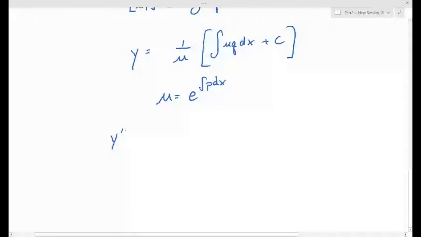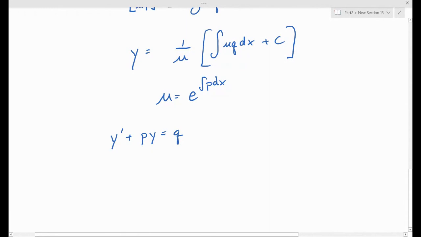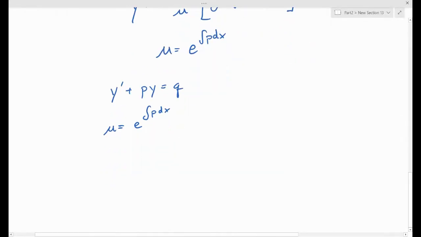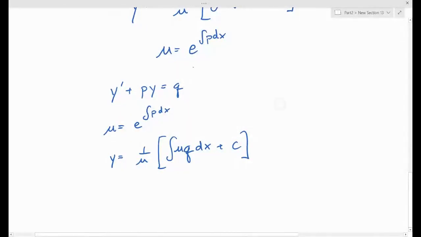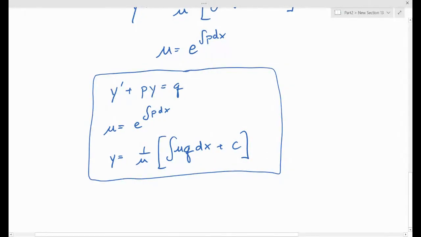If you write your first order differential equation in the standard form, where P and Q are functions of x, you recognize this as a first order linear differential equation, and then you know a formula for the integrating factor, and once you have it, you have a nice explicit solution for y. So in a sense, this is all you need, except your professors might expect you to be able to do the whole procedure.